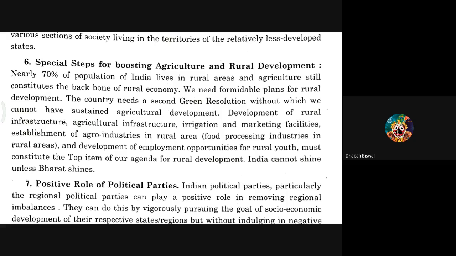You see, nearly 70% of the population of India lives in rural areas, depending upon agriculture, and agriculture still continues to be the backbone of the rural area. We need formidable plans for rural development through PRI institutions.